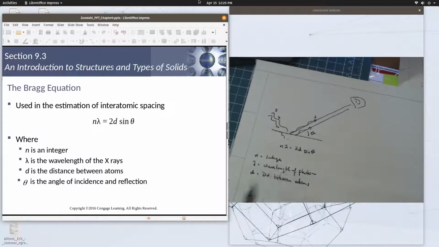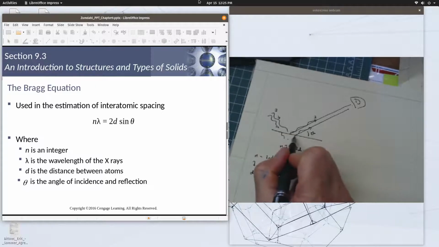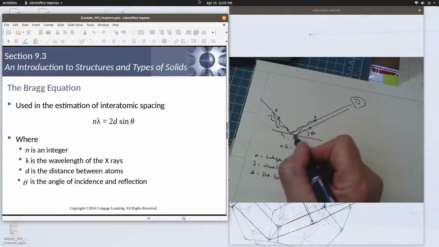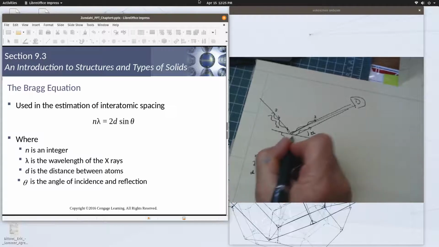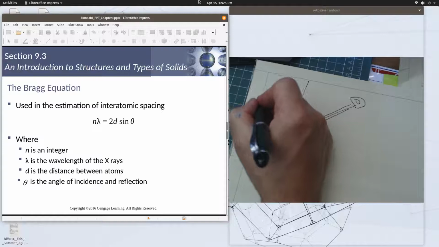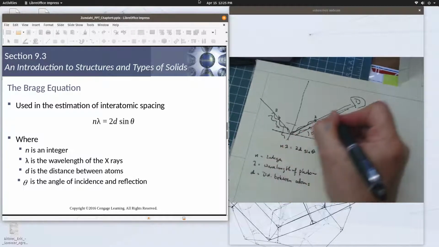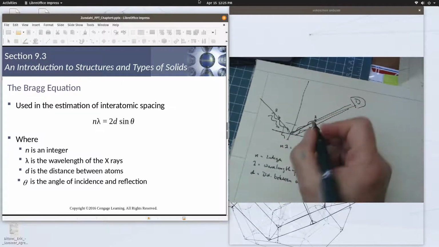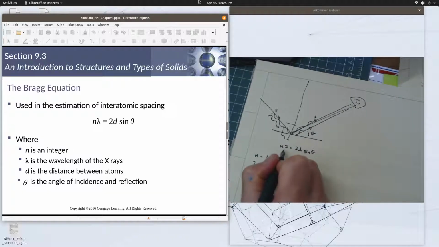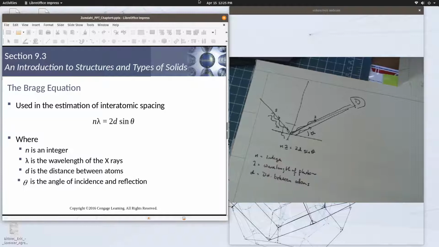In other words, I know this angle because I can set that up as an experiment. I can put my detector at some angle. I know this is where it's coming in. I look at the scattering in that direction. This is the angle that I look at, and so it's easy if I know the wavelength, and I look at the number of the diffraction peak.